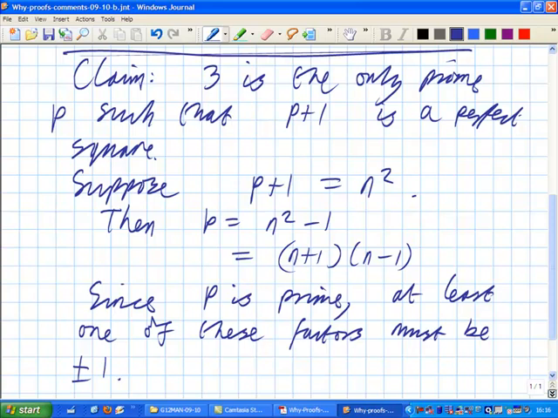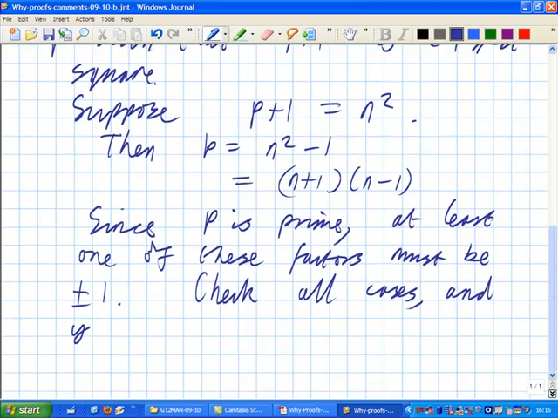And you actually find you can get n equals minus 2 and n equals 2. N equals minus 2 will give you the minus 1 times minus 3, and n equals 2 will give you the 3 times 1. So you check all cases, and you find that n equals plus or minus 2 are the only possibilities that work.